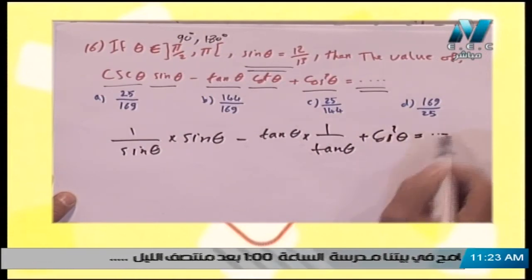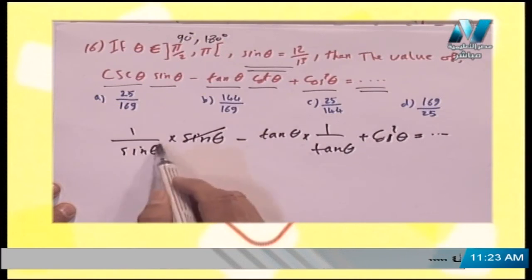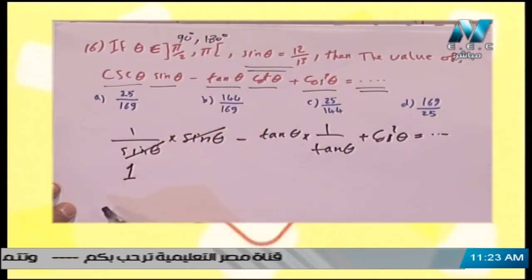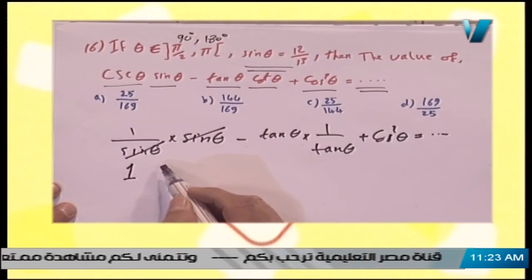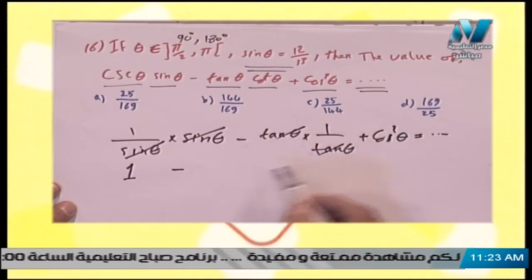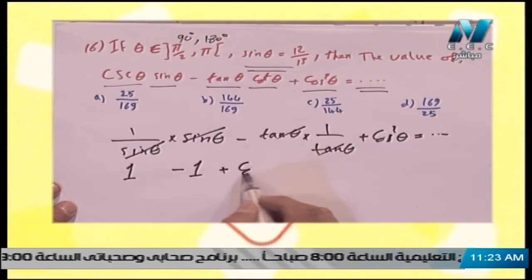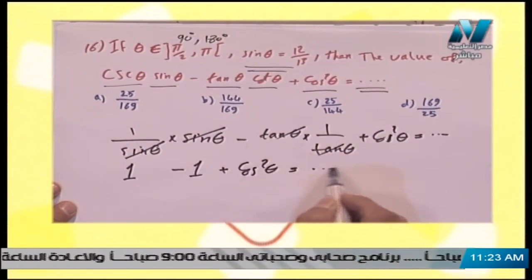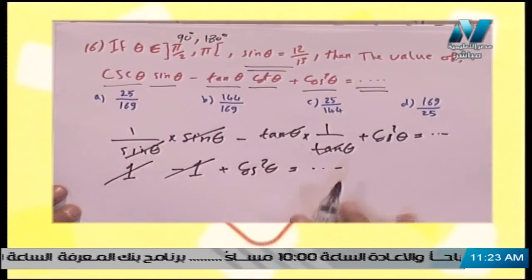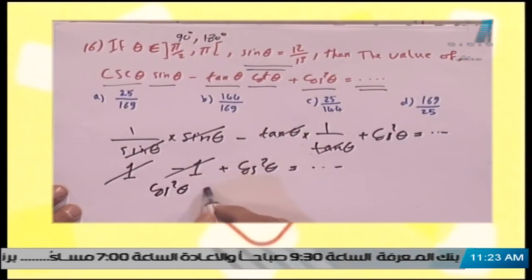Sine can cancel with sine, and the answer will be 1, not 0, because a number divided by itself equals 1, and this one also is 1, so 1 minus 1 plus cosine power 2 theta. We can cancel 1 with negative 1 and try to find the result of cosine power 2 theta.